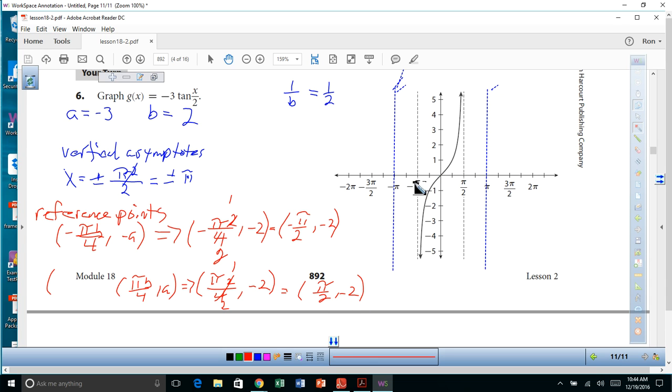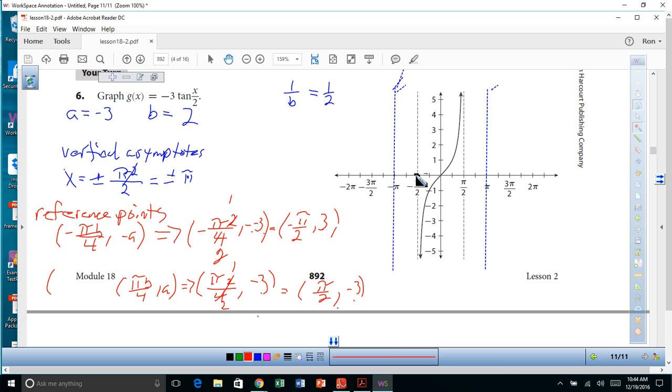So pi over 2, and then pi over 2. Well, that was supposed to have been a, and I don't know why I put a negative there. It should have been positive. Well, a was negative 3. So why did I put 2 there? I did that from the other problem, and that's going to be negative 3, and that's going to stay negative 3.